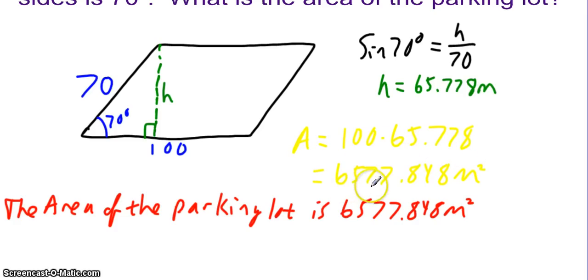So I get 6577.848 meters squared. So the area of the parking lot is 6577.848 meters squared. Again, that's the simplest way to solve this.